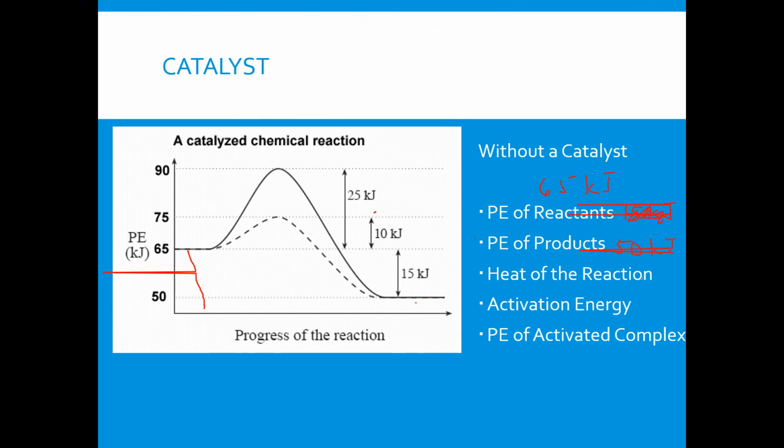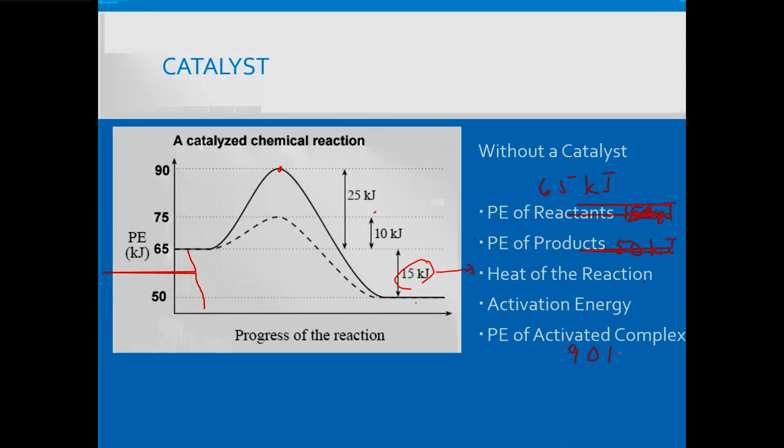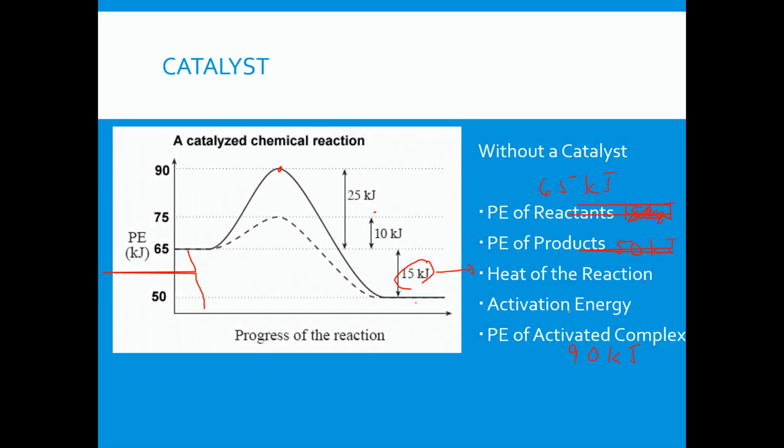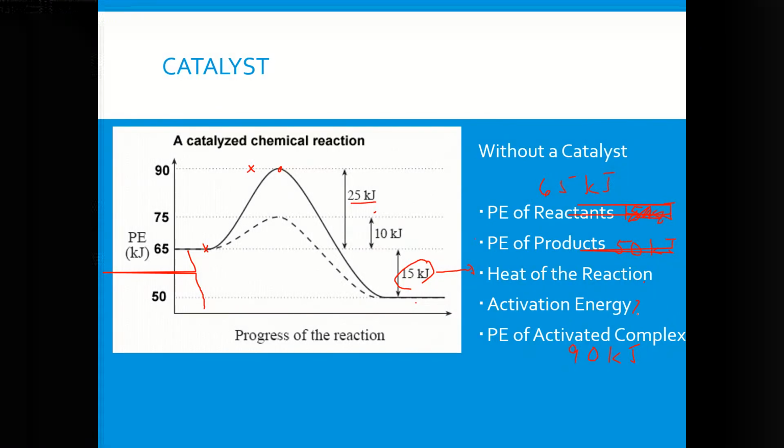The heat of the reaction, that's the difference. That's my 15 kilojoules. My activated complex, well, that goes all the way up to here. That's going to be 90 kilojoules. And the activation energy is the distance between reactants and activated complex, and that is 25 kilojoules.